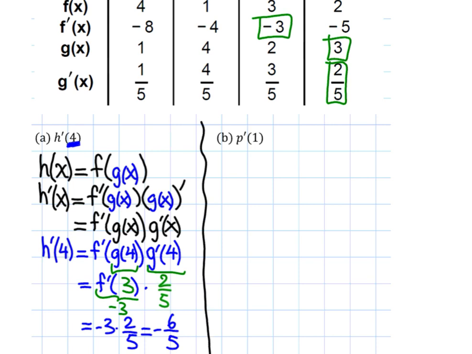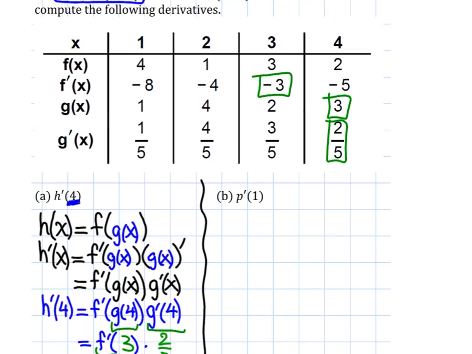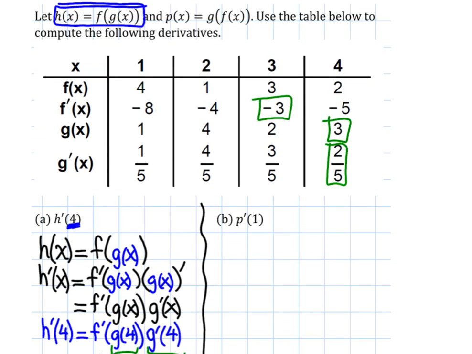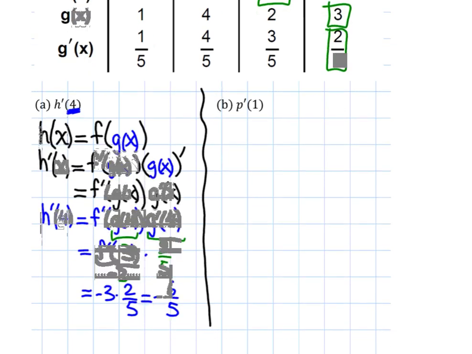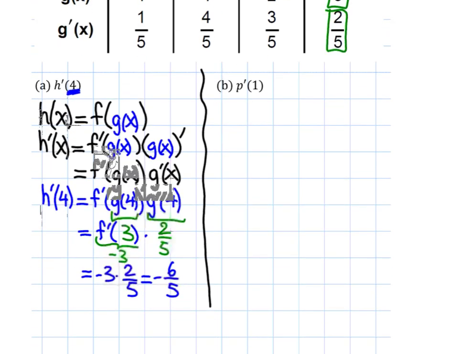Second, we have p prime at 1. The function p of x is g of f of x. Right. Now we check the derivative.